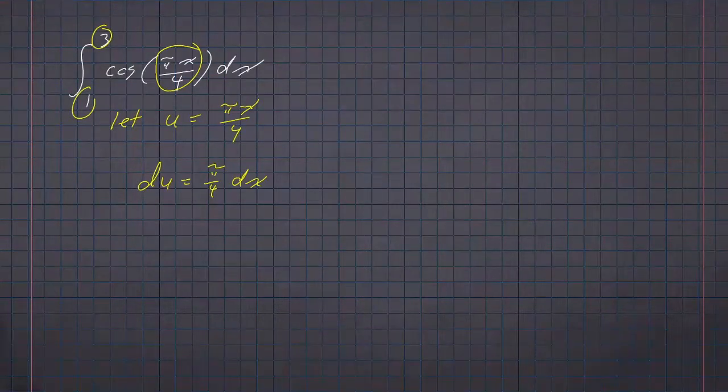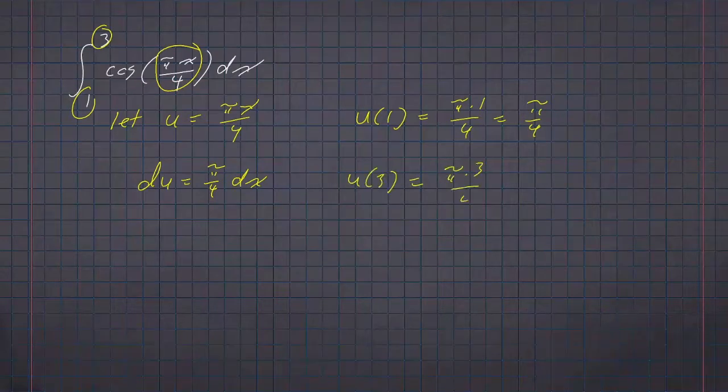So we can change the limits of integration by evaluating u of 1 is pi times 1 over 4, or just pi over 4. U of 3 is pi times 3 over 4, or more commonly, 3 pi over 4.